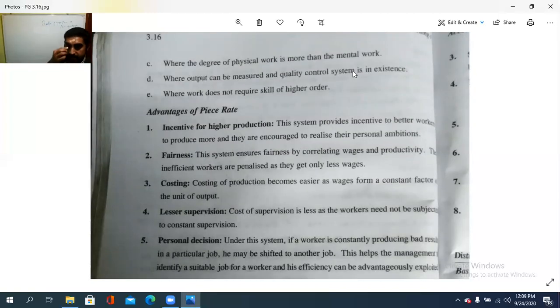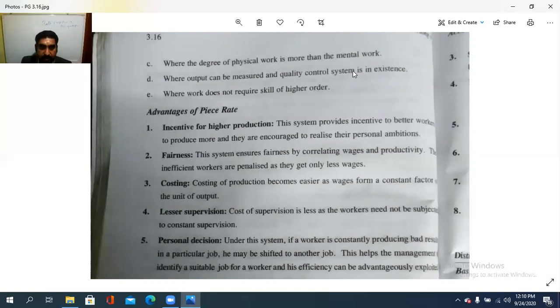Then the advantages of this system. First, incentive for higher production. Bonus will be given, or more rewarded. Those who produce more get an extra amount along with the salary. This system provides incentive to better workers to produce more, and they are encouraged to realize their personal ambition.